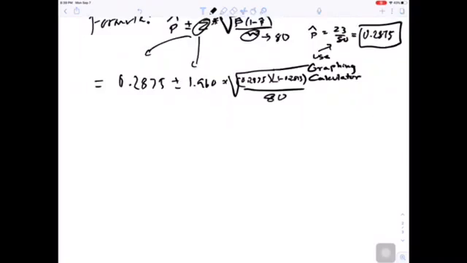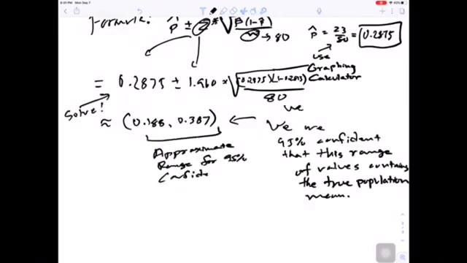So now, with the help of our graphing calculator, we can find the 95% confidence interval, which would contain the true population proportion.